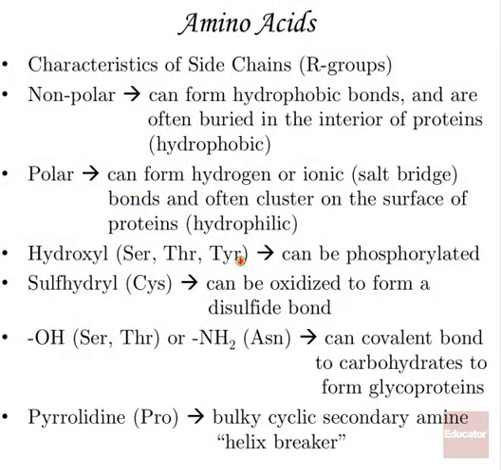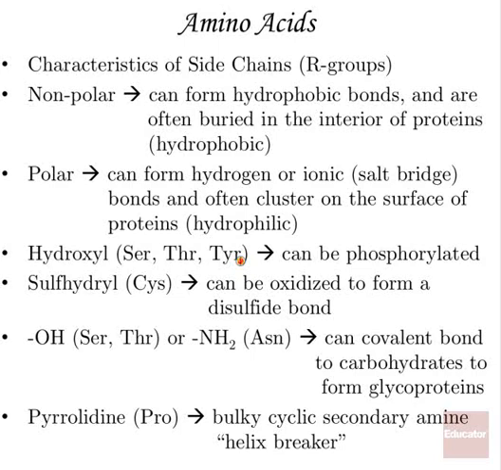Now, it's important that we know the side chains of all of our amino acids because they basically tell us what types of reactions these amino acids are going to take part in. So the characteristics of our side chains, our R groups, if they're nonpolar, these groups can form hydrophobic bonds, right?